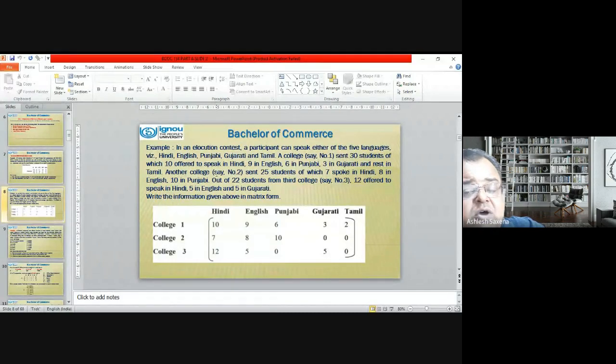Secondly, college 2 sends 25 students, out of which 7 spoke in Hindi, 8 in English, 10 in Punjabi. That's it, this is 25. So the numbers are over. That means there was no one for Gujarati and Tamil.